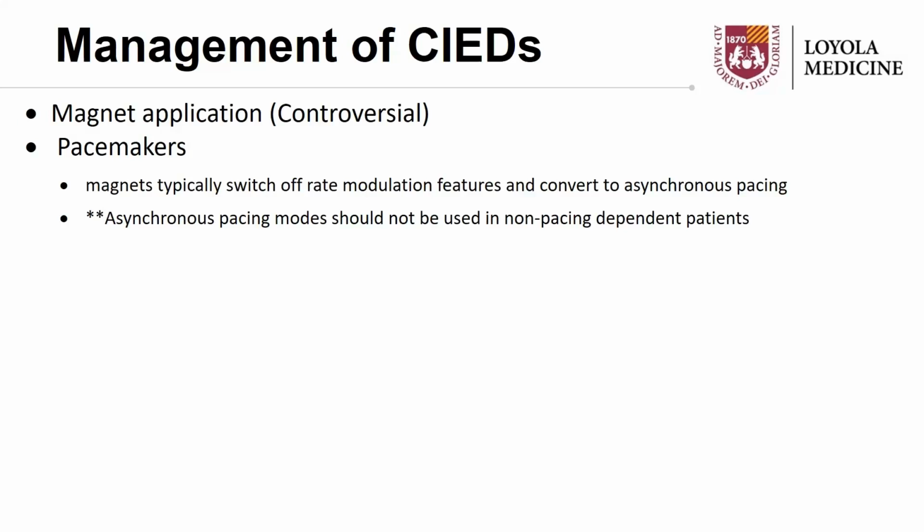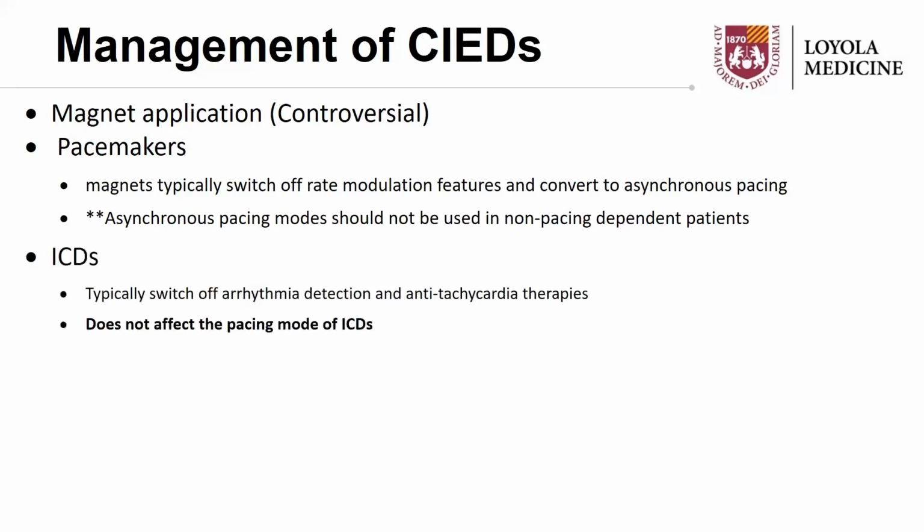Note that asynchronous pacing modes should not be used in patients who are not pacing dependent, as the pacing stimulus may trigger the R on T phenomenon, which I know we've heard many times, and could potentially result in a life-threatening arrhythmia. In ICDs, magnets typically switch off arrhythmia detection and anti-tachycardia therapies, but the magnet does not affect the pacing mode of ICDs, so this would require reprogramming.